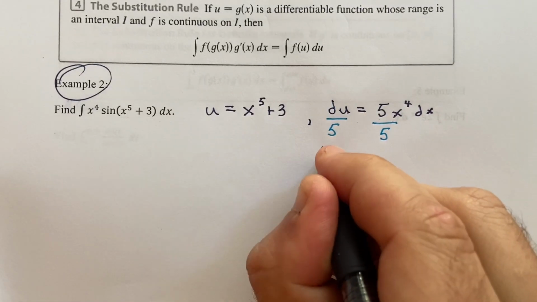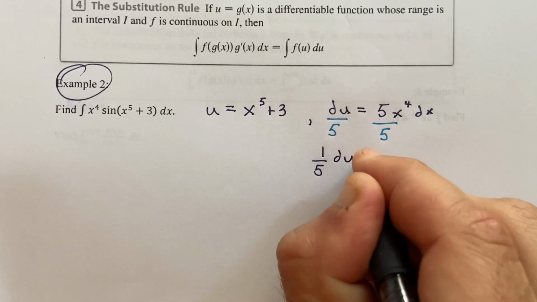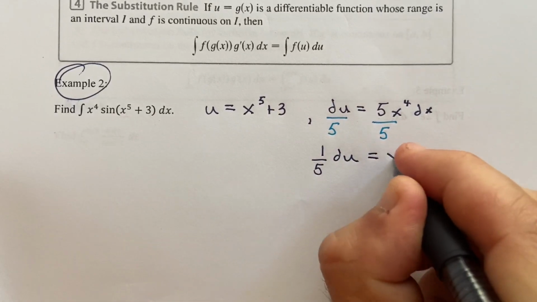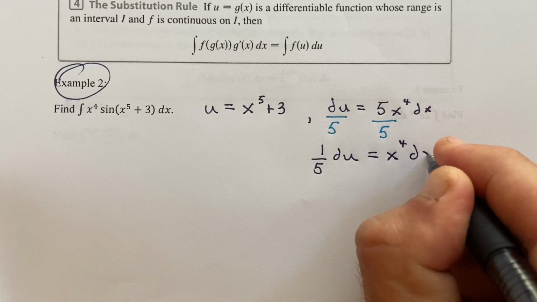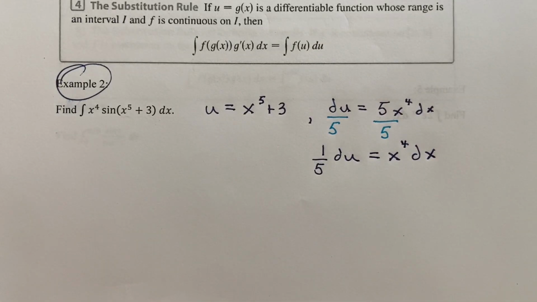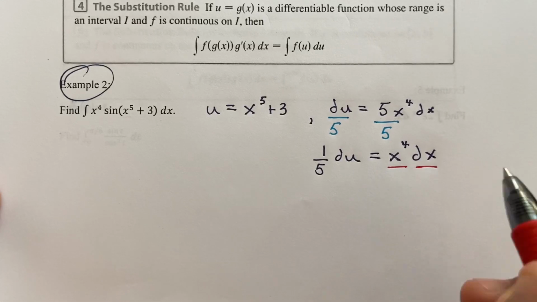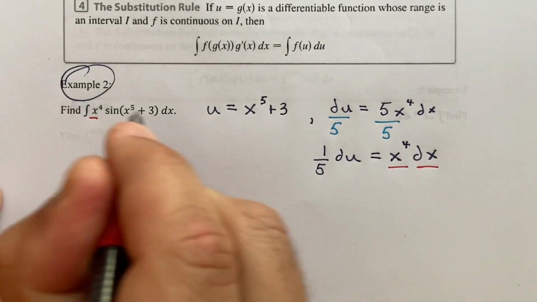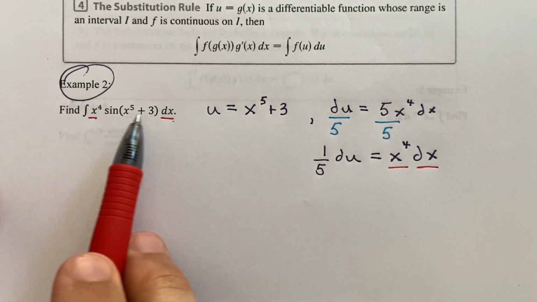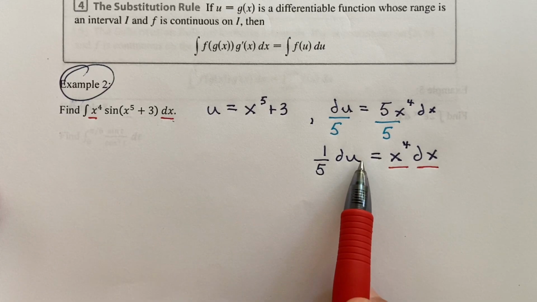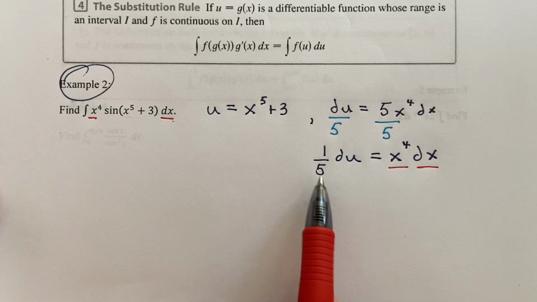So 1/5 du would be the same as x to the fourth dx. So x to the fourth dx will be substituted out for 1/5 of du.